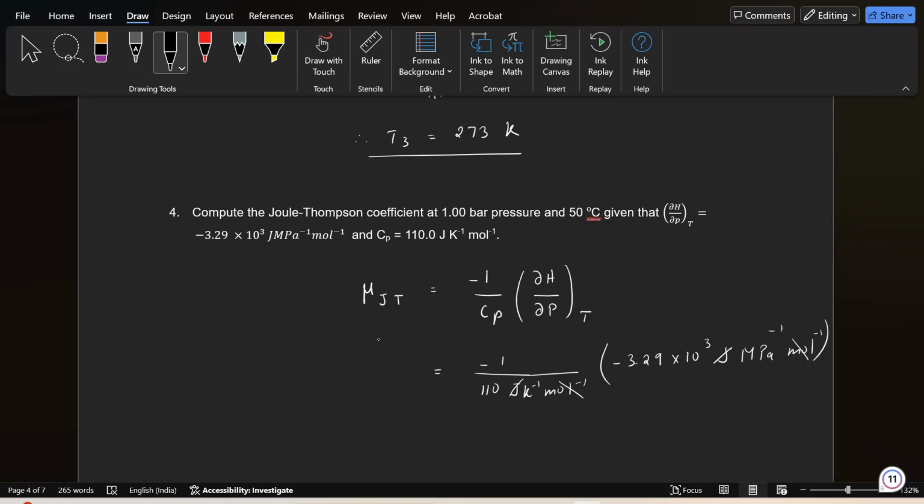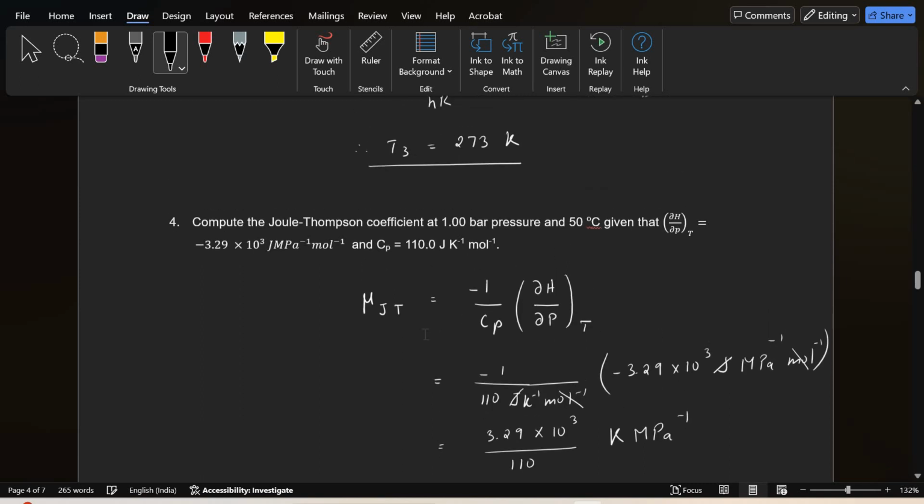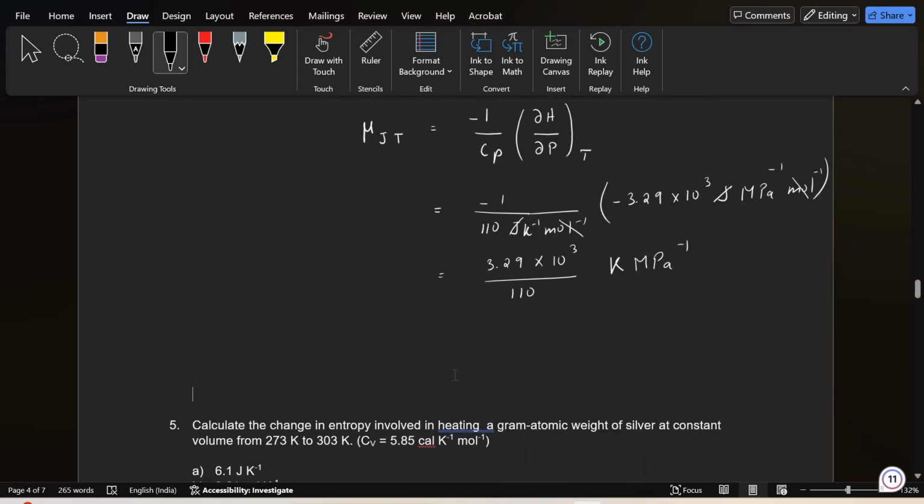Negative into negative is positive, so 3.29 by 110, with units Kelvin per megapascal. Let's do the arithmetic now. 29.9. Okay, 29.9. Good. All right, so that's the answer.